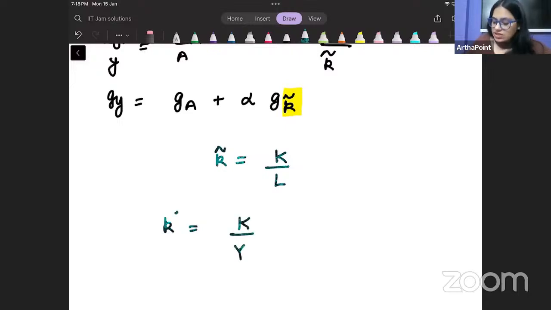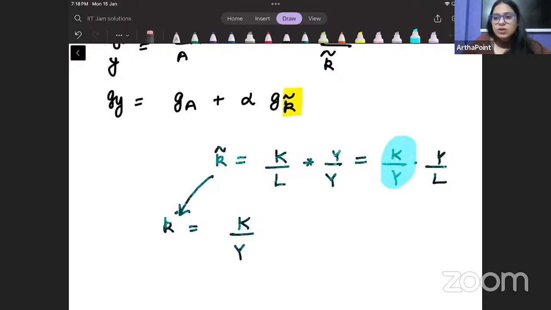तो अगर मुझे इसको इसमें convert करना है, what can I do? I can just divide and multiply by y. And यहां से मुझे मिल जाएगा बेटा K by Y into Y by L. ये वाला जो पार्ट है, this is what is given to me in the question ना. तो यही तो small k है जो क्वेश्चन में डिफाइंड है. और ये वाला जो पार्ट है मुझे गिवन है, this is also given to me in the question. यही तो वो पार्ट है क्वेश्चन में which is defined as your small y.